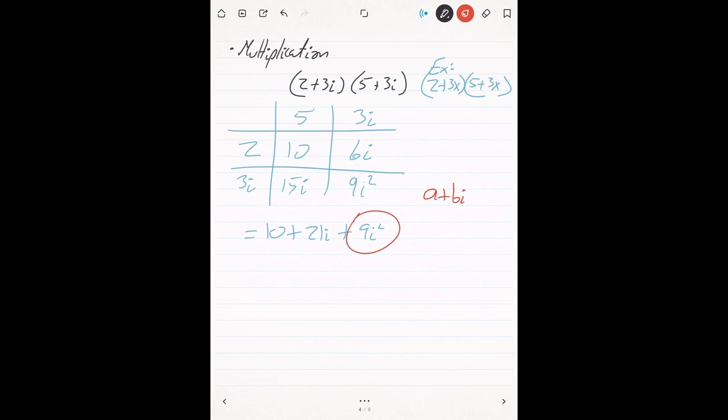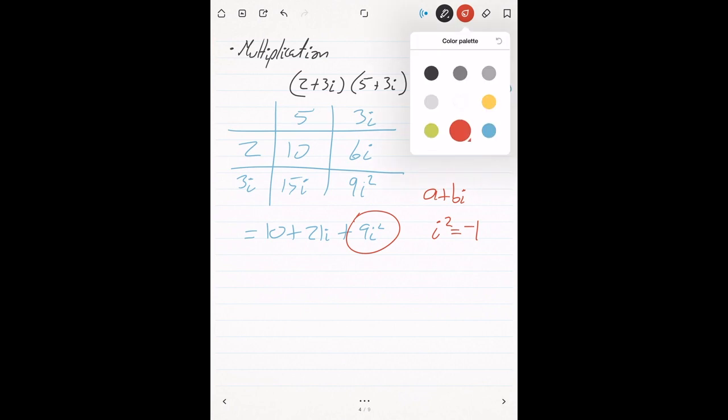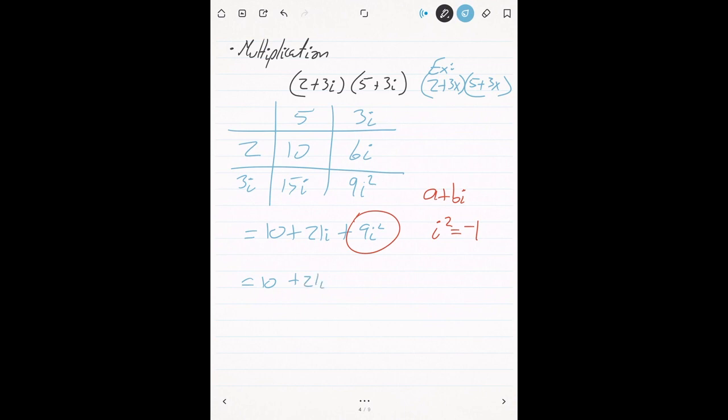Well, hopefully you're thinking back to the fact that we know what i squared is. Remember, we defined i squared as equal to -1. They're the same value. So in this problem, we could say that we have 10 plus 21i plus 9 times -1.